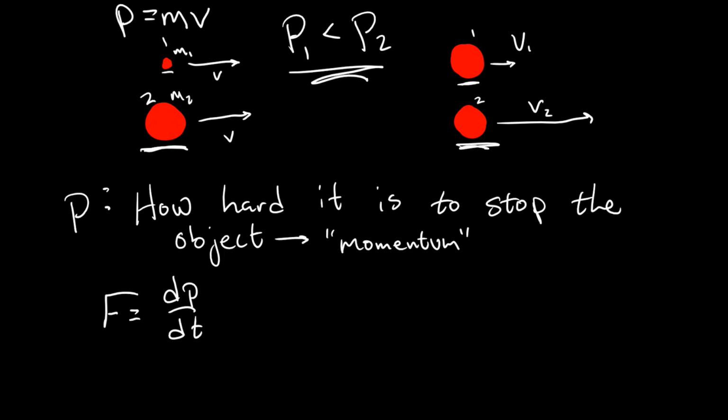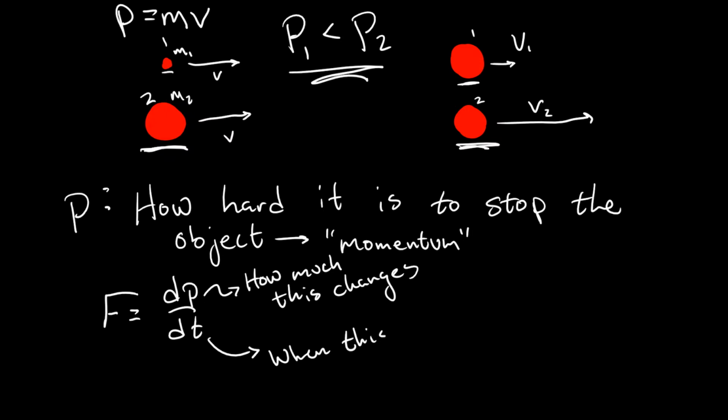Well, we know that a derivative is essentially telling us how much this changes when this is changed a little. So this is telling us essentially how much our momentum is changing in a little amount of time.